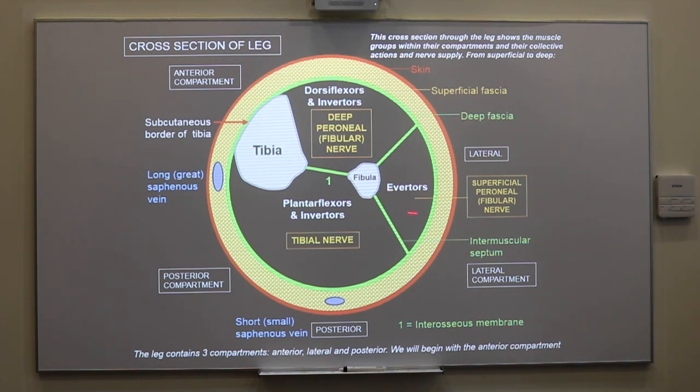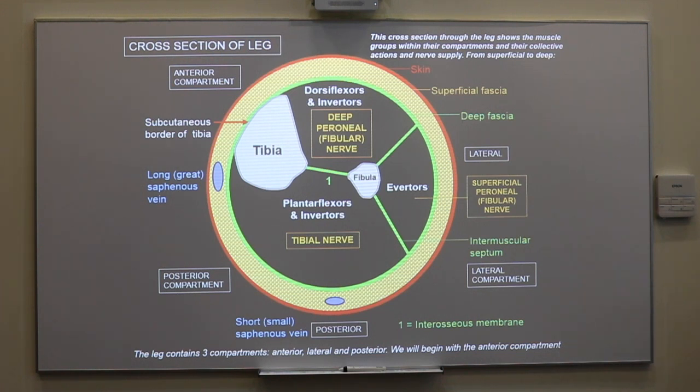So the lateral compartment muscles are everters. Their muscles here are peroneus longus and peroneus brevis. The posterior compartment of the leg are plantar flexors and inverters. There are 2 sets of muscles, the superficial and the deep. The superficial are gastrocnemius, soleus, and plantaris. The deep are flexor hallucis longus, flexor digitorum longus, and tibialis posterior.